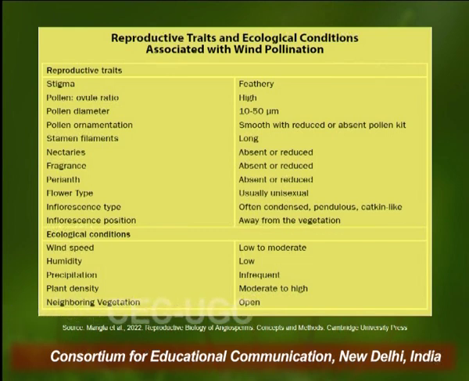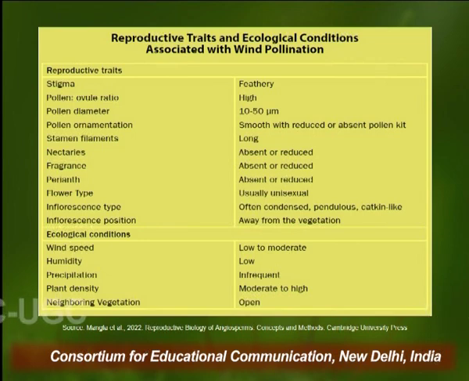Size of the pollen grains is less than 50 microns, they are non-sticky, they are dry. And if we talk about the ecological conditions, wherever wind pollination takes place, the wind speed is low to moderate, humidity is low, precipitation is minimal or we can say infrequent, and the other thing which is important over here is that plants they grow in dense populations.